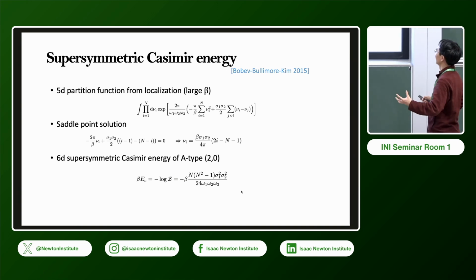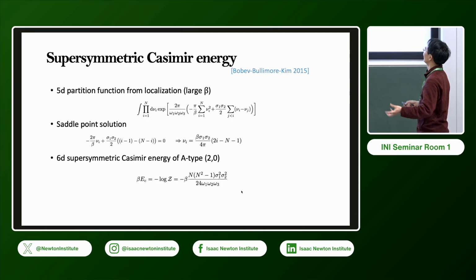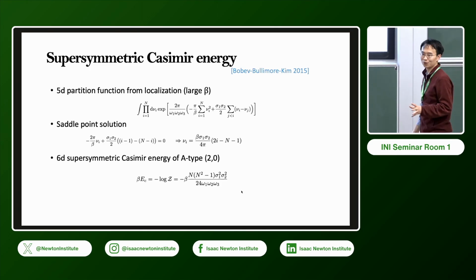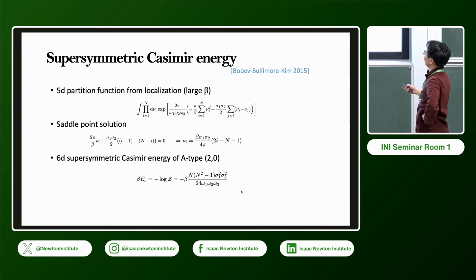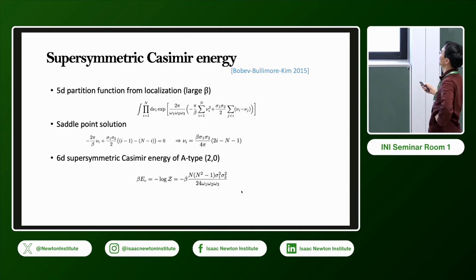Why? You can imagine, from the 6-dimensional point of view, you put the theory on this S1 times S5, and then from the 5-dimensional point of view, you get maximally supersymmetric Yang-Mills. By dimensional analysis, you can see that beta is proportional to the Yang-Mills coupling squared.